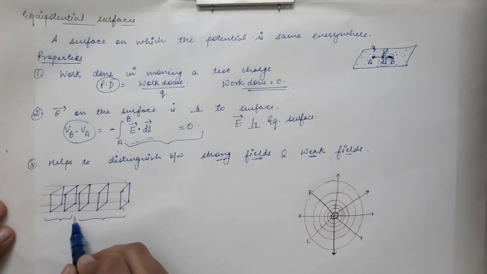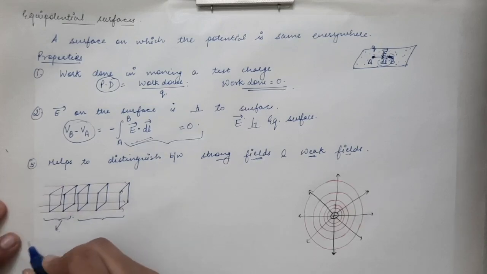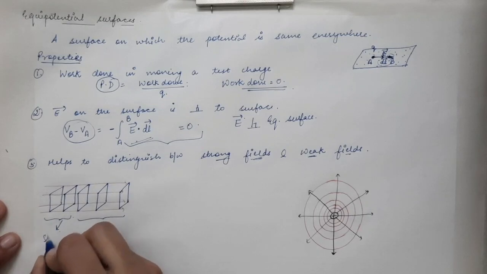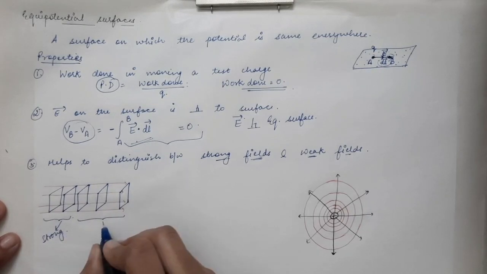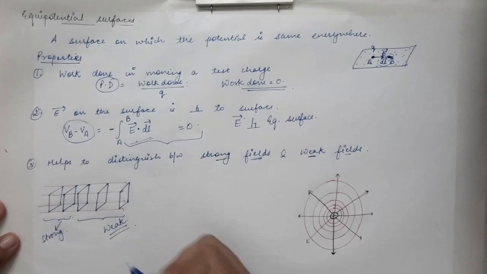In this region, the density of the equipotential surfaces which are drawn is more as compared to this region in which the density is less. So the first region will represent a strong field, and the second region will represent a weak field.